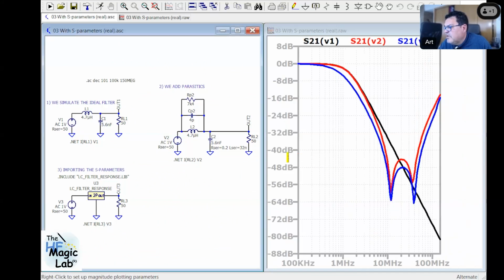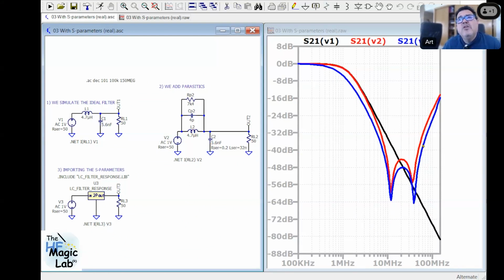Let me remove the phase. Okay, so you see in black color the response of the ideal circuit. In red color, you see the model of my circuit where I am modeling only the parasitics of the components.